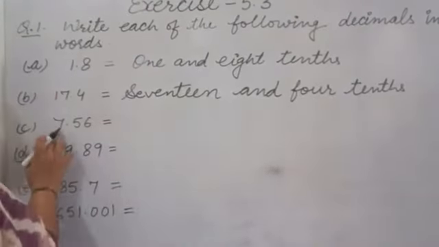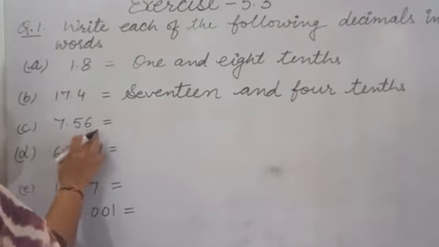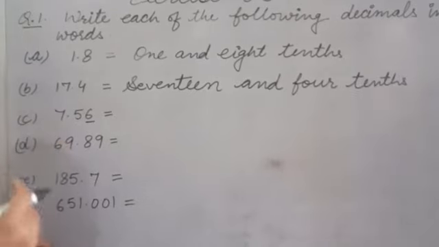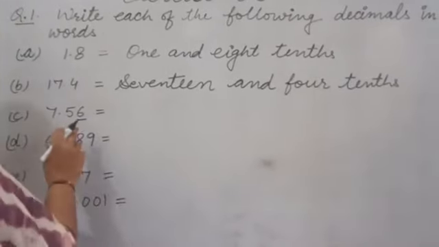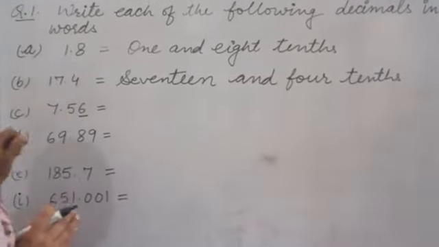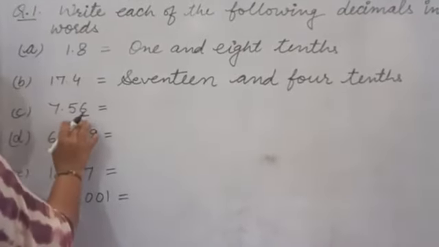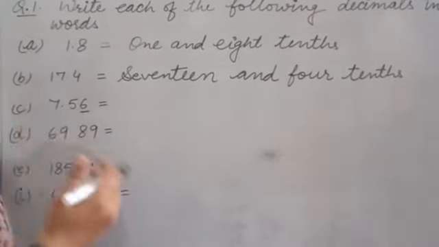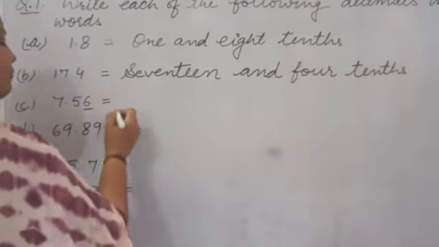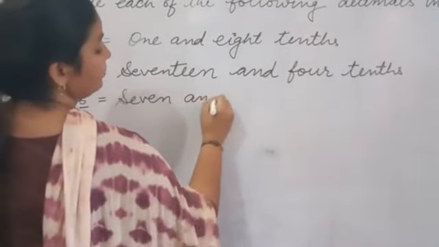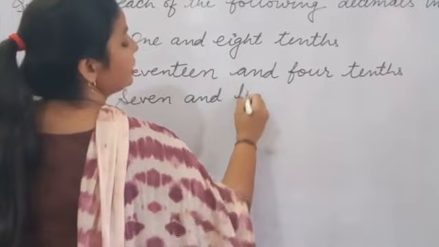Next is the C part, 7.56. The last column is what we speak with the number. So there it is 56 hundredths. The last place is hundredths, so we'll say 56 hundredths. So 7 and 56.